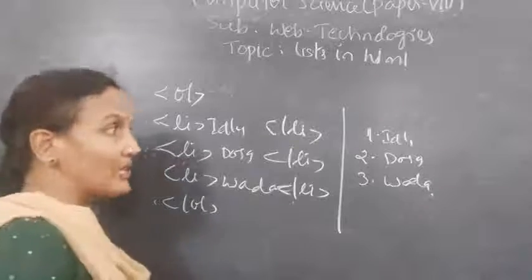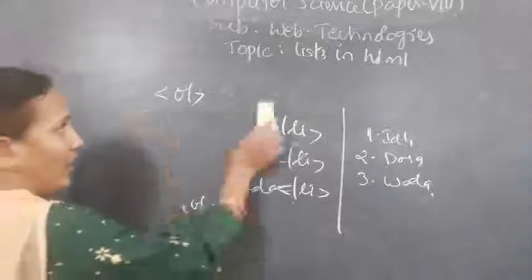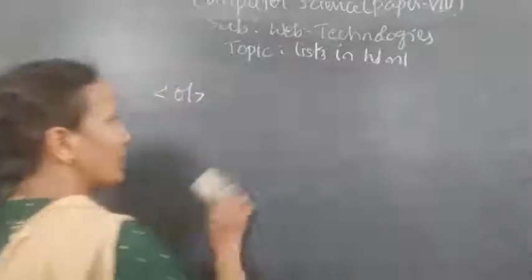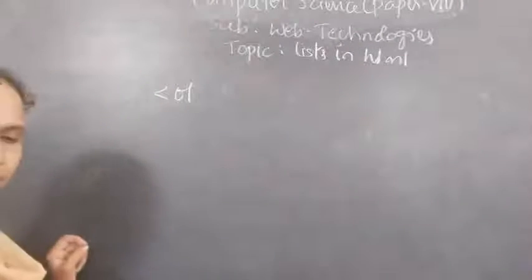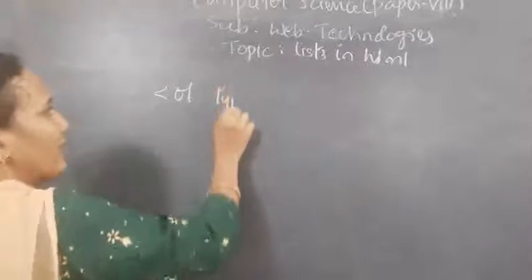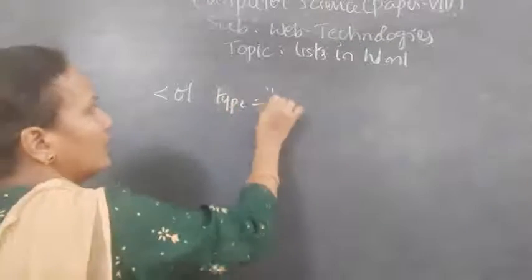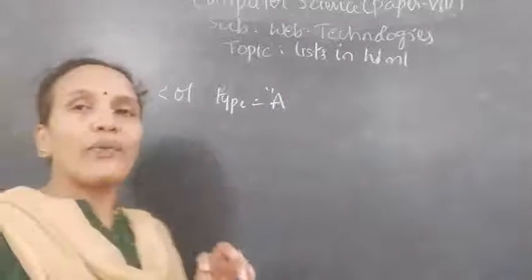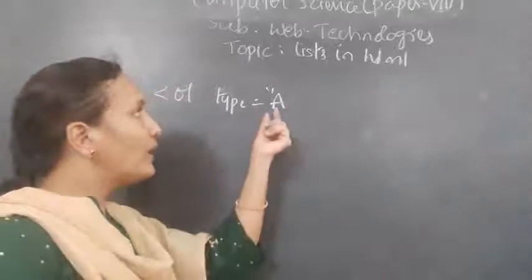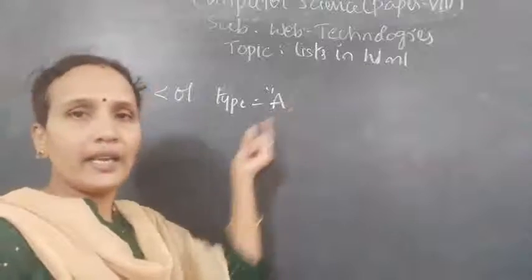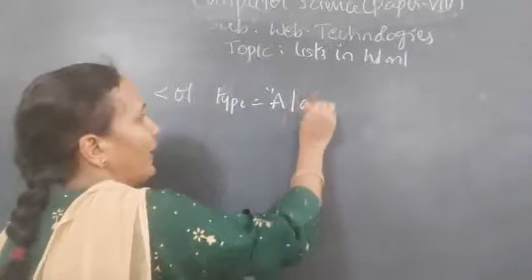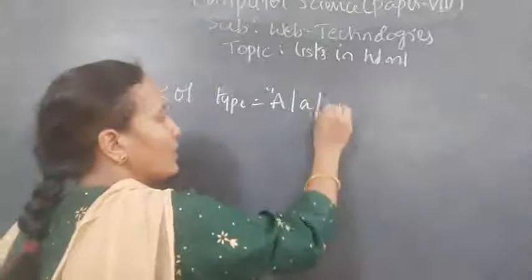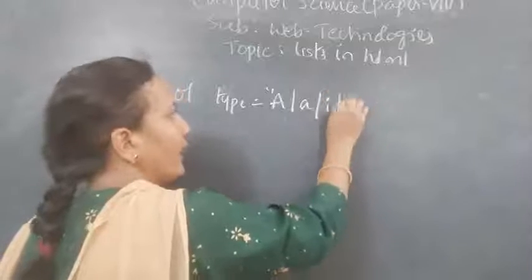When you want to customize the bullet in an ordered list, here also we'll use the type attribute. OL type equals capital A, meaning you need to give the first character of the sequence. Here the first character of the sequence is A. Next small a, then small Roman, capital Roman.